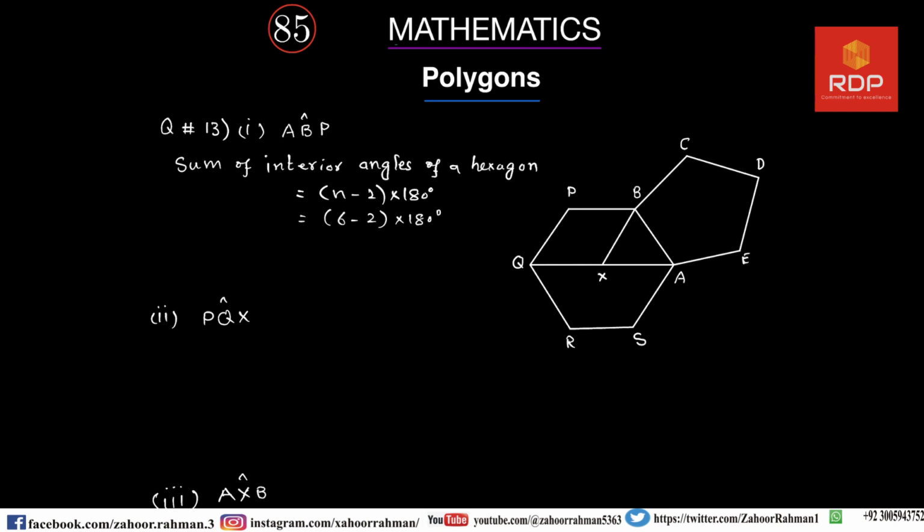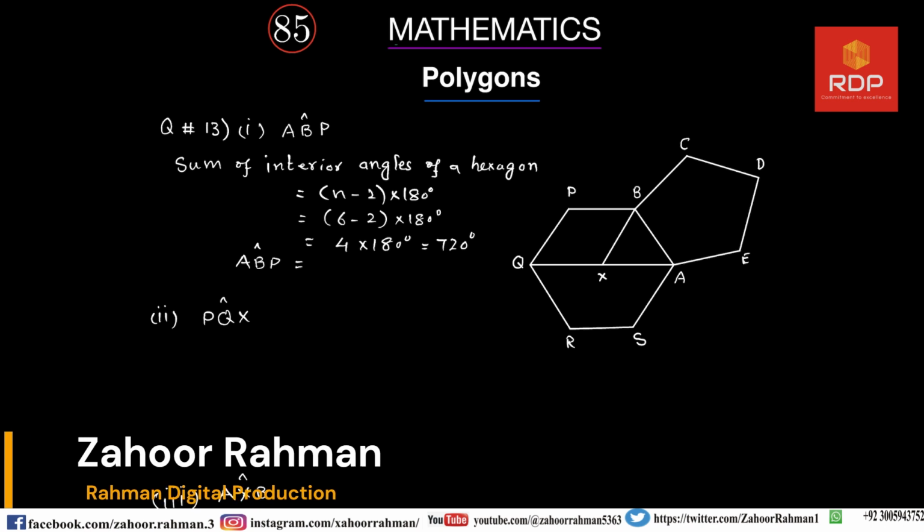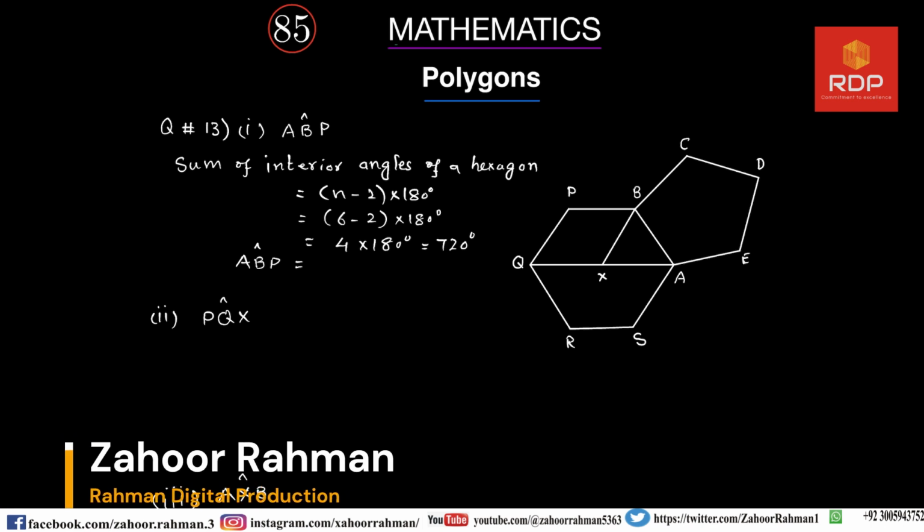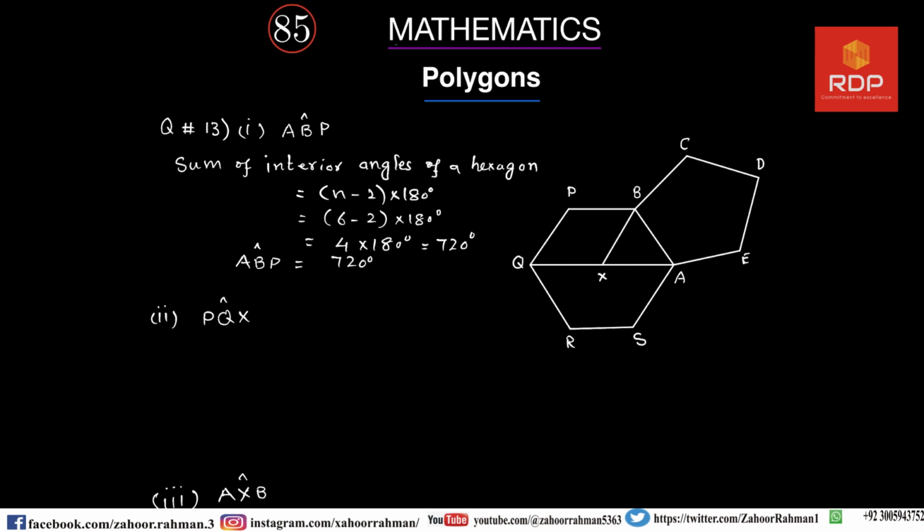N always represents the number of sides. So we are writing 4 into 180, and when we calculate it, it will be 720. Because ABP is also an interior angle, we divide that 720 by 6, and we will get 120 degrees.